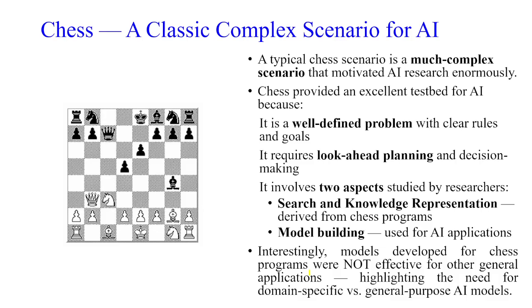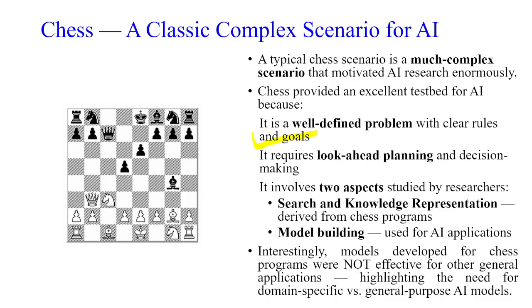Chess provided an excellent test bed for AI researchers for several reasons. First, it is a well defined problem with clear rules and goals. There are fixed rules about how each move should happen. We know what the goal is, when checkmate will happen. So this made it easy to build the model.